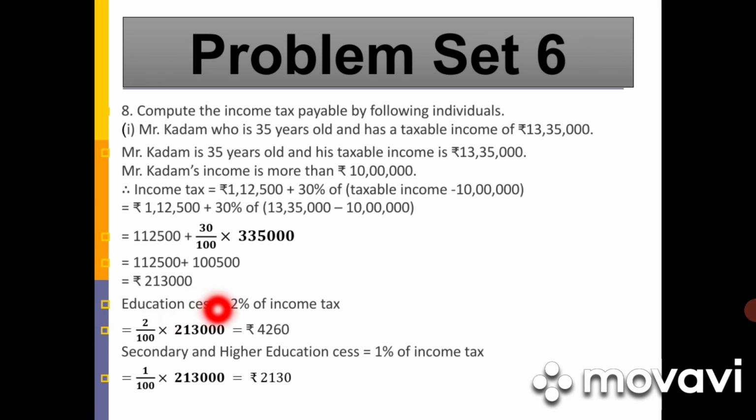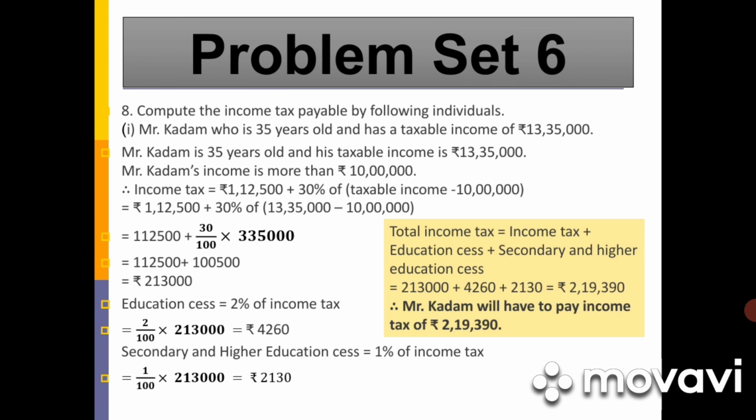Education cess is equal to 2% of income tax. This is equal to 2 upon 100 into 2,13,000, which is equal to rupees 4,260. Secondary and higher education cess is equal to 1% of income tax. This is equal to 1 upon 100 into 2,13,000, which is equal to rupees 2,130.